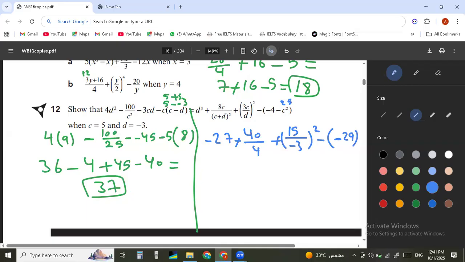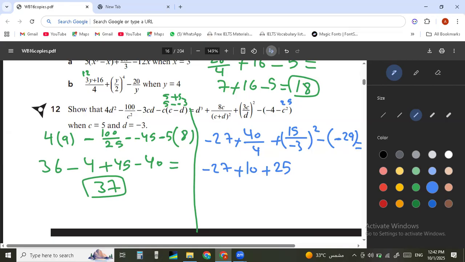We're going to add them. -29 equals, here is -27 as it is. Here plus 10. Here 15 over -3 is -5, but -5 squared is positive 25, so it is plus 25. Minus -29 is positive 29.